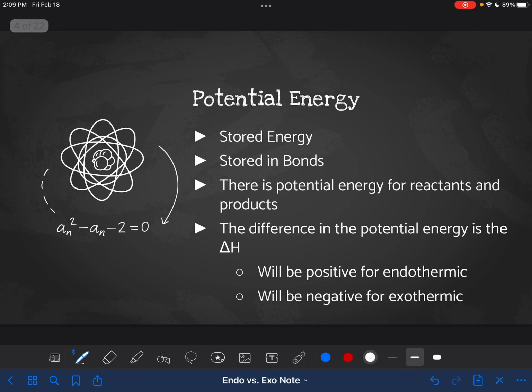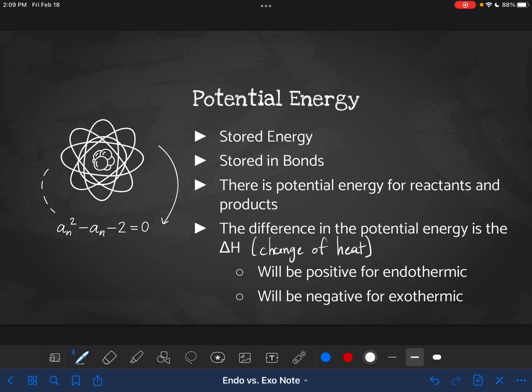Potential energy basically means stored energy, or energy stored in bonds. There is potential energy for reactants and products, and the difference in potential energy is triangle H, or sometimes we call it delta H, or change of heat.